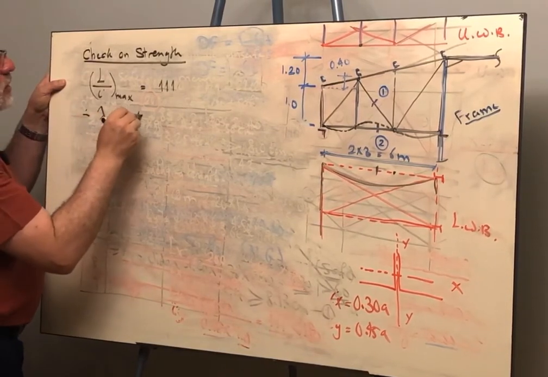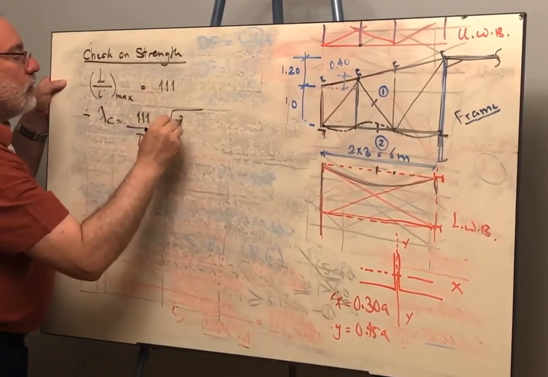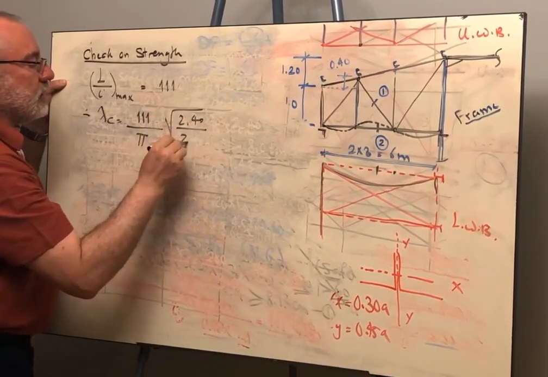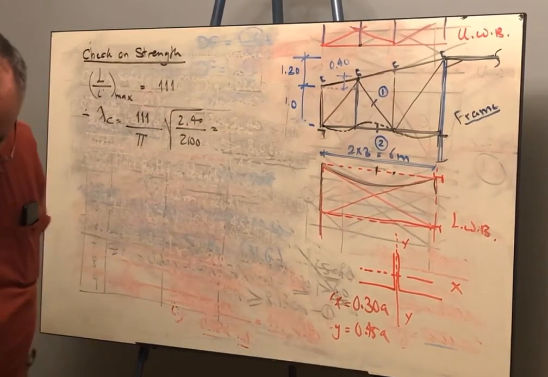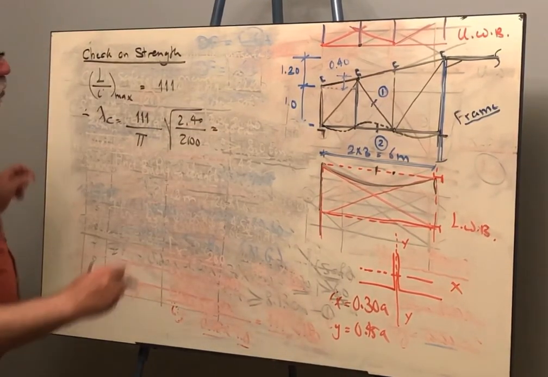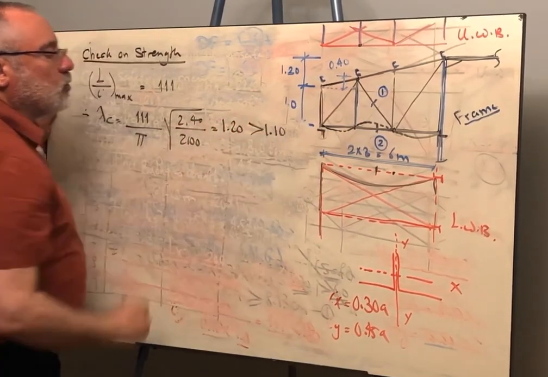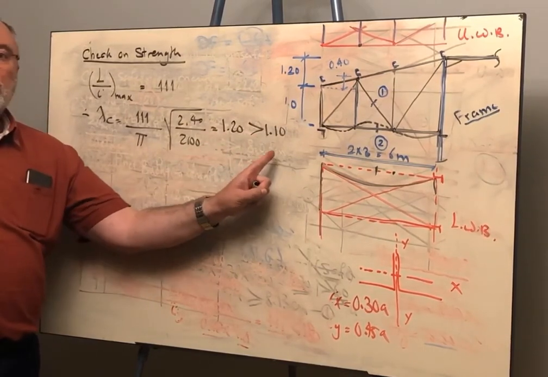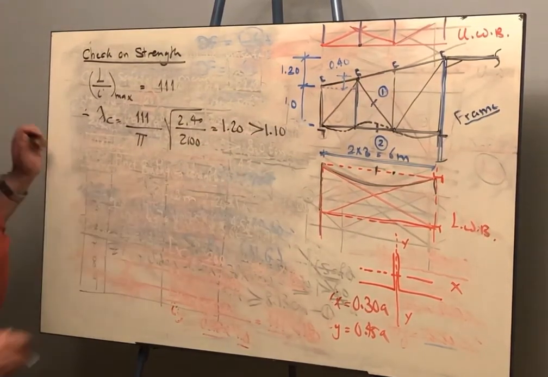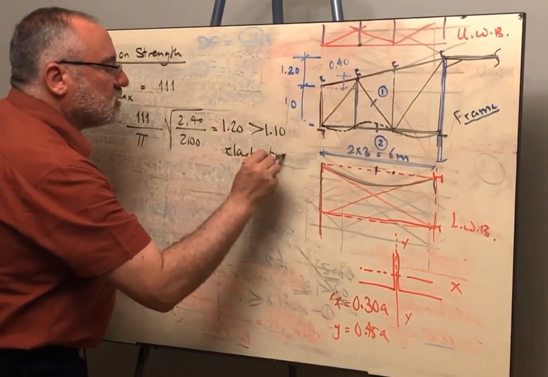So lambda C will be L over i over pi times square root of F yield over E. If we calculate this, we will get 1.2, which is bigger than 1.1. If it is less than 1.1, inelastic buckling would have been governing, but here we are having elastic buckling.